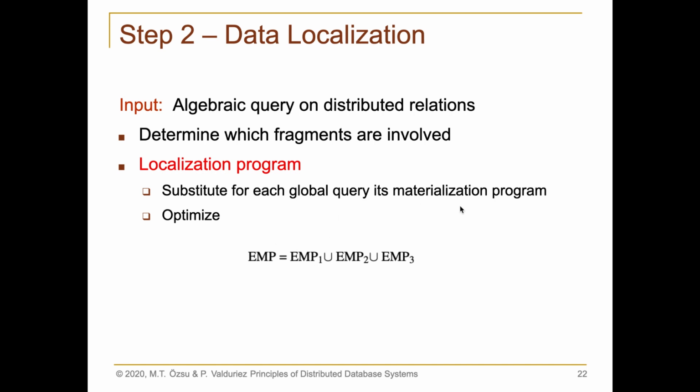This is called the materialization process. This is how the data localization component transforms one global query into a local query, by substituting each global relation R by its set of fragments.